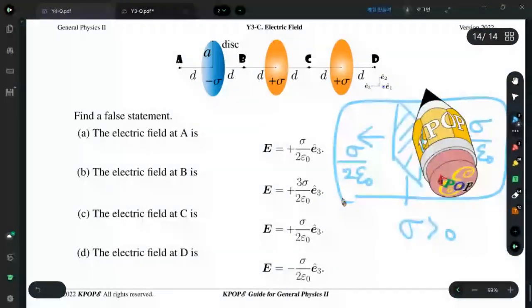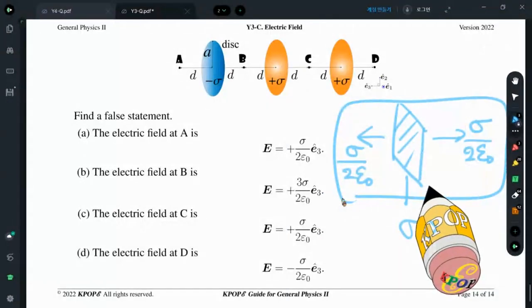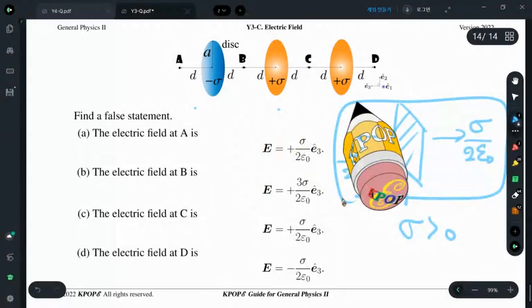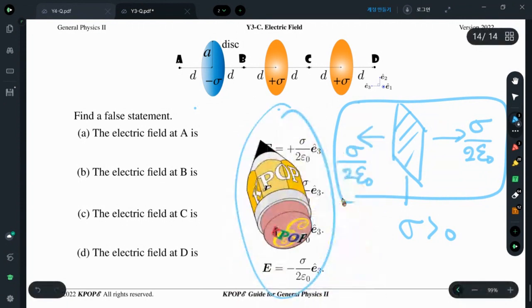You can make use of this result by substituting this one in here, here, here, and use the superposition principle to add the 3 components, and you will find this answer.